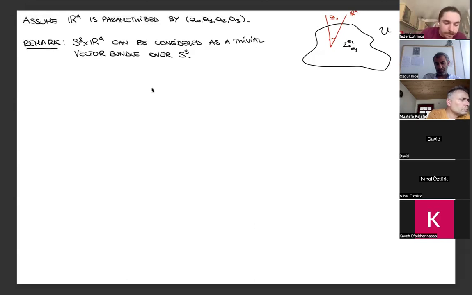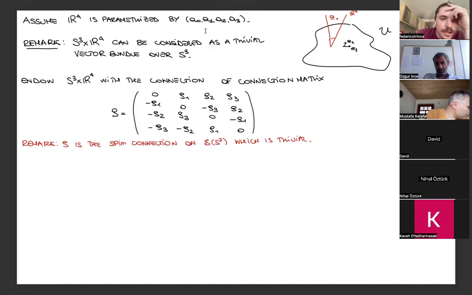Now, since we are considering a vector bundle over S^3, which is trivial but a vector bundle nonetheless, we can essentially do the same thing and endow S^3 times R^4 with a connection. This time we choose the connection matrix to have this form here, where ρ1, ρ2, and ρ3 are the components of the Levi-Civita connection of S^3.